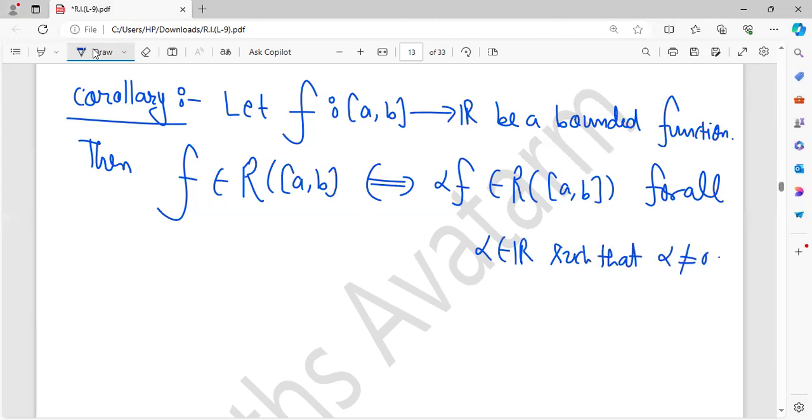Okay. So for all non-zero alpha, alpha f belongs to R[a,b] if and only if f belongs to R[a,b].